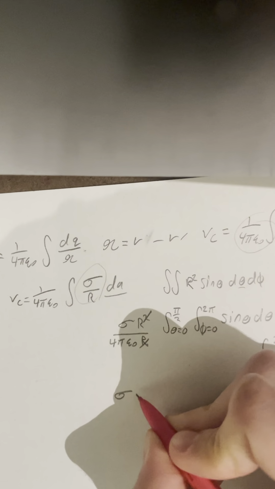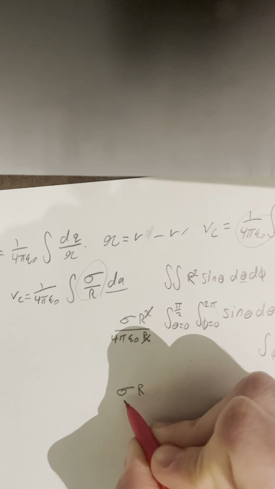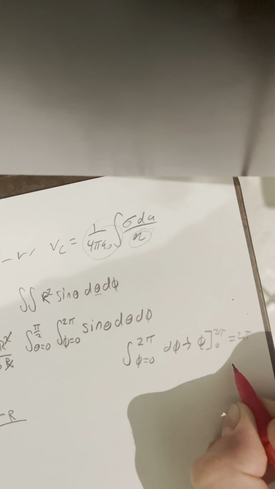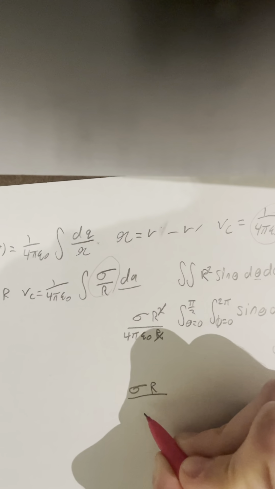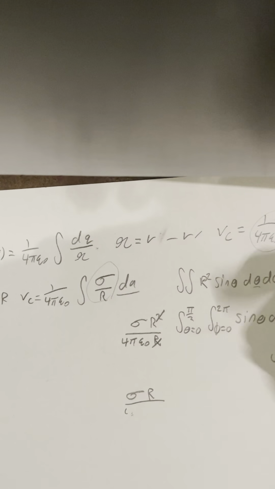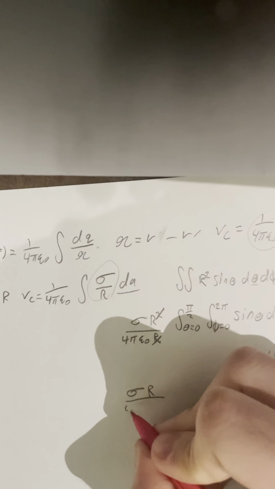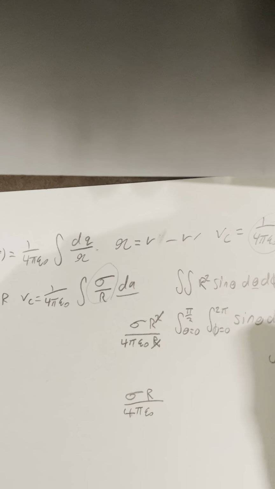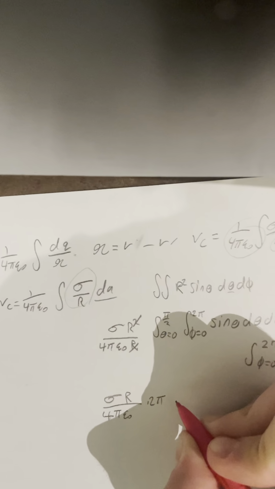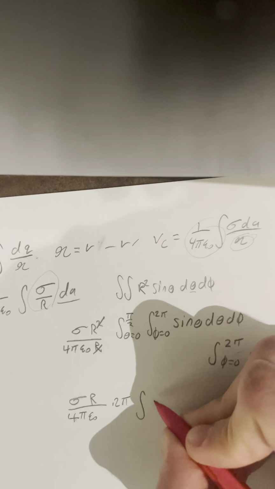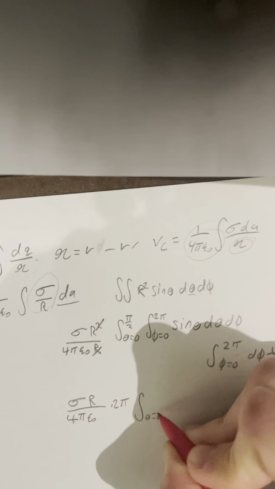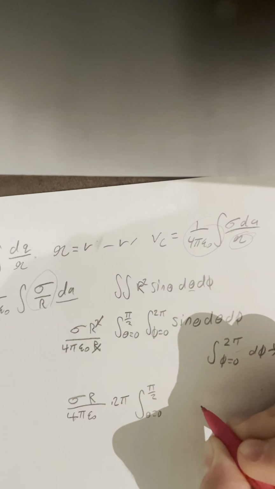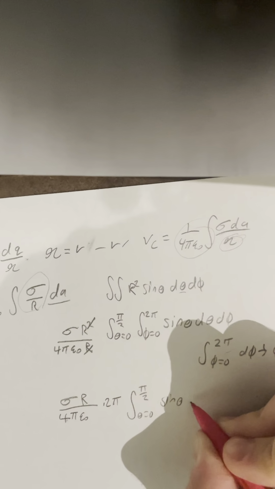What we have now is sigma R over 4 pi epsilon naught times 2 pi, times the integral of theta from 0 to pi over 2 of sine theta d theta.